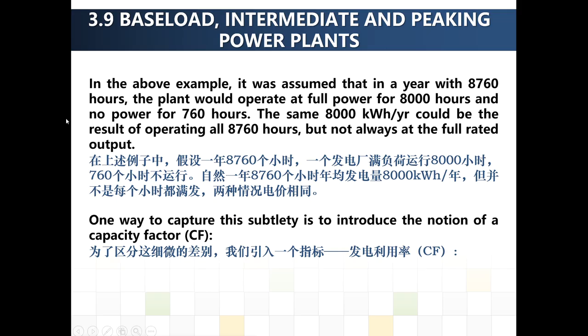The same 8,000 kilowatt hours per year could be the result of operating for the full 8,760 hours, but it's not always output at the full rated capacity. Which means at each hour, the power generated by this power plant could be less than its capacity.